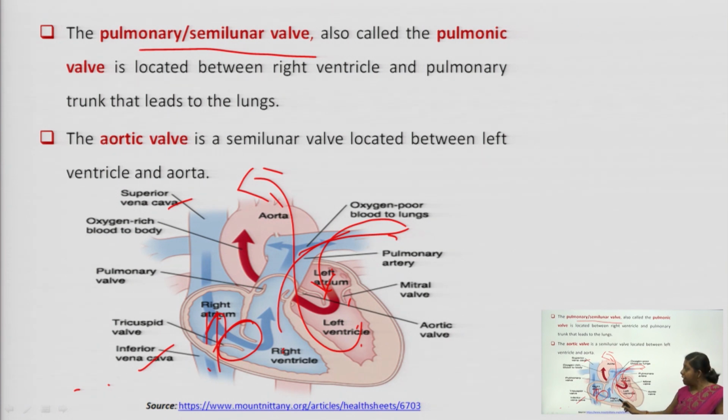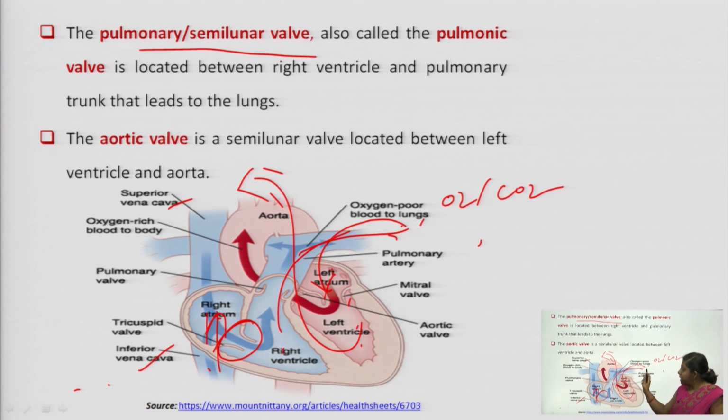From the right ventricle, your blood moves into the pulmonary trunk. Here the valve is the pulmonic valve. Once your blood enters the pulmonary trunk, it goes for an oxygen and carbon dioxide exchange, where your blood gets oxygenated. Once oxygenated, it gets back again into your left atrium.